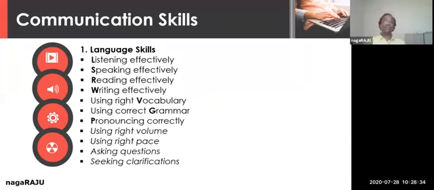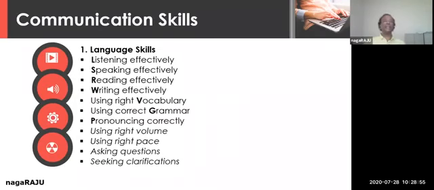I've added a few more skills to language skills. Everybody knows them, but they are not very popularly listed under language skills. Language skills include a sufficiently large vocabulary. Vocabulary means words, enough words, the right words.